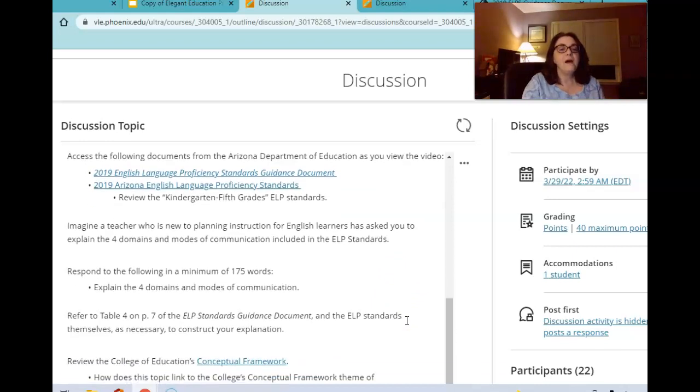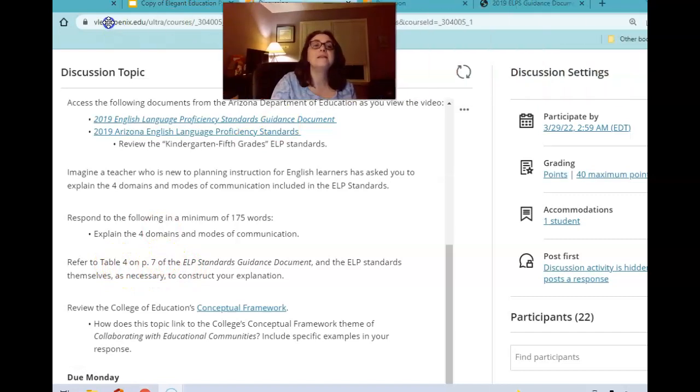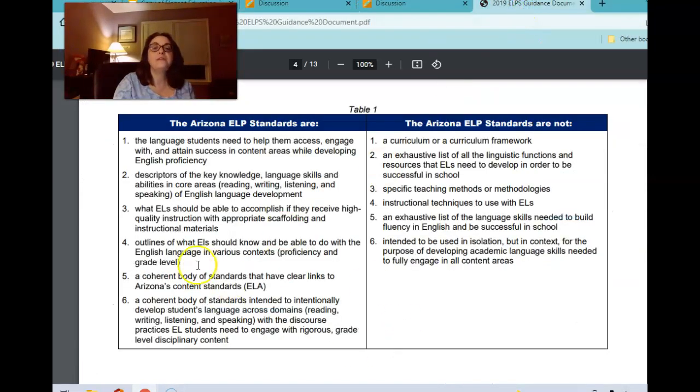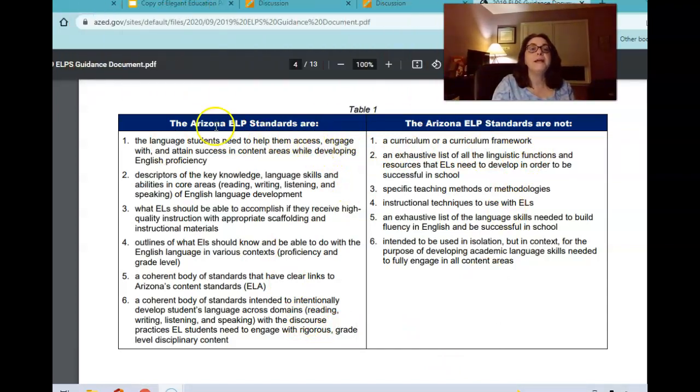And then also you'll need to refer to table 4 on page 7. It looks like this. This will help explain the difference between ELP standards, what they are and what they aren't, or what they should and what they shouldn't be. So that is the discussion question, just very briefly.